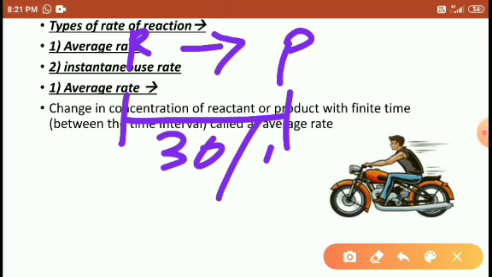That is the finite time. It means when the reactant is transformed to product, how much time is required from initial to final, till the formation of product.